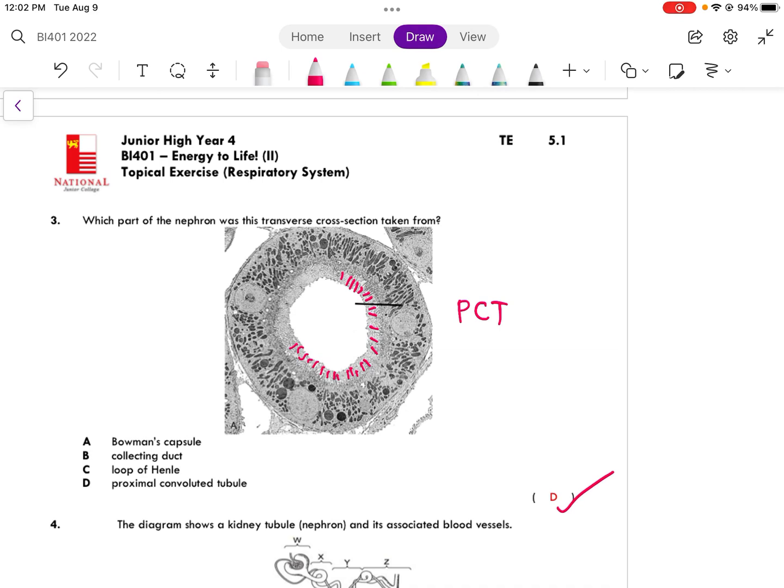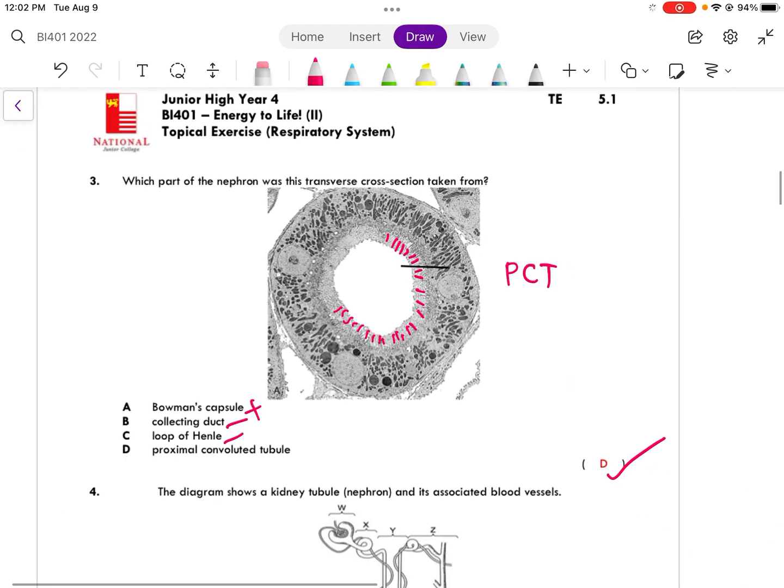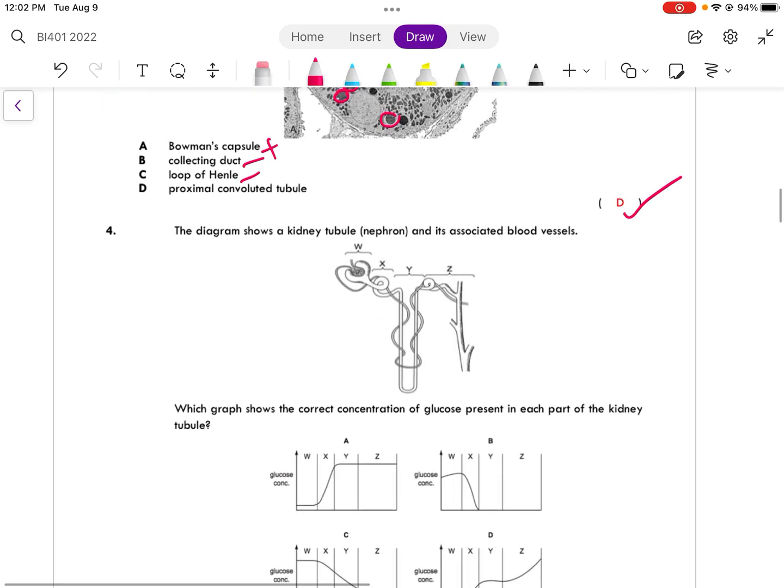So the answer is D. The loop of Henle and collecting duct don't have this unique microvilli. The Bowman's capsule, also you will not find these structures. Another clue is that, although not very clear, there's actually a lot of mitochondria present. This is required to supply energy in the form of ATP, so that active transport can be used to reabsorb the nutrients.